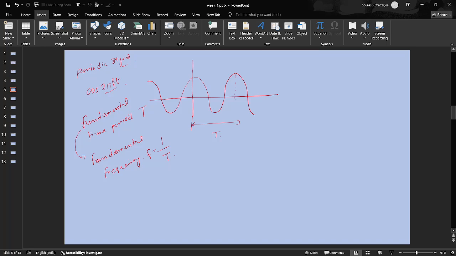If I call it an energy signal, I have to show that its power is zero, and if I want to call it a power signal, I have to show that its energy is infinite. You can show also that power is finite. So both ways it's fine. So what do you call such a periodic signal, energy signal or power signal? Yes, it is always a power signal.